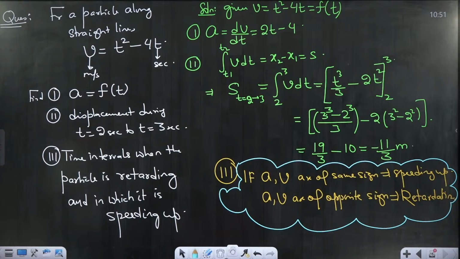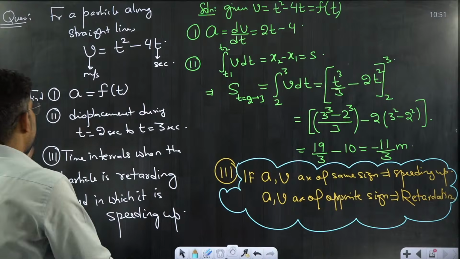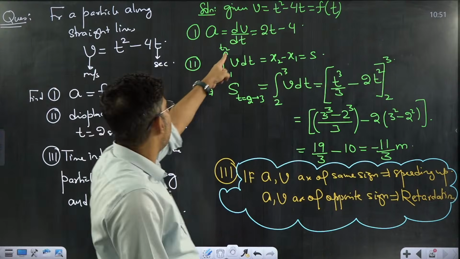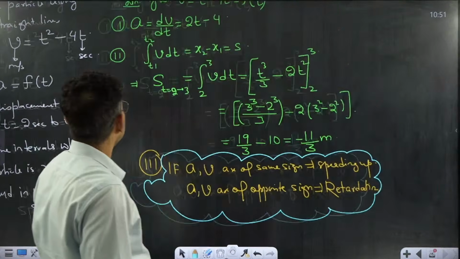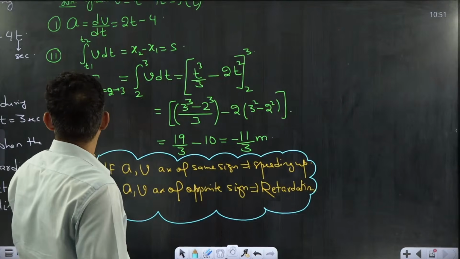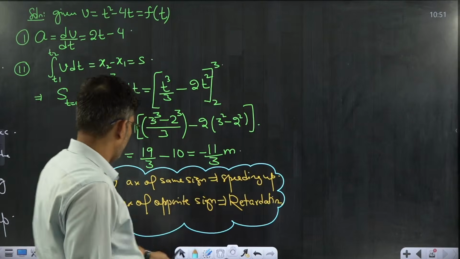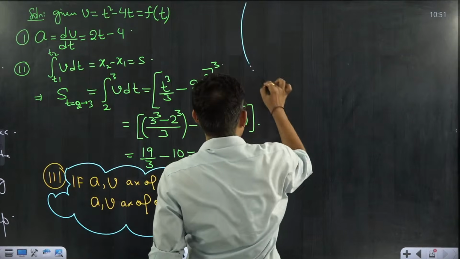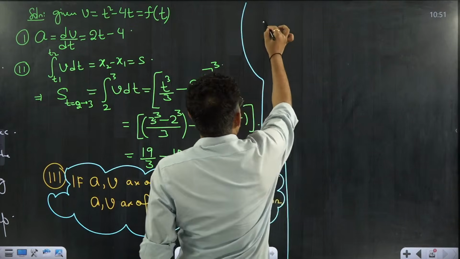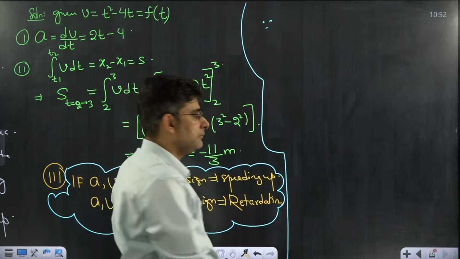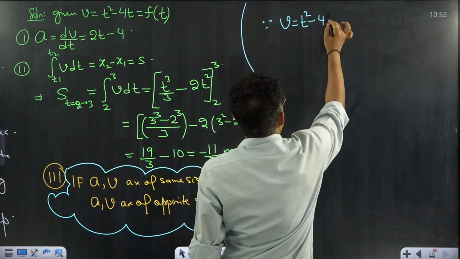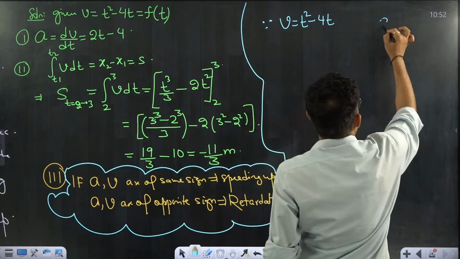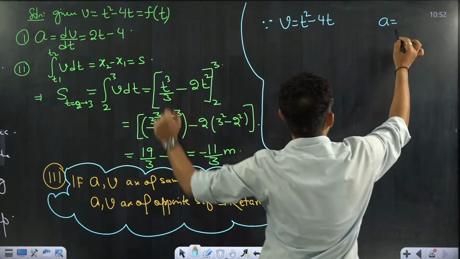Okay. I hope this is sufficient time for taking a screenshot. Now, v is given as t square minus 4t and I have found acceleration as 2t minus 4. Check here. So how do we proceed with the last part? Their signs you have to compare. v is t square minus 4t and acceleration we got 2t minus 4, right?